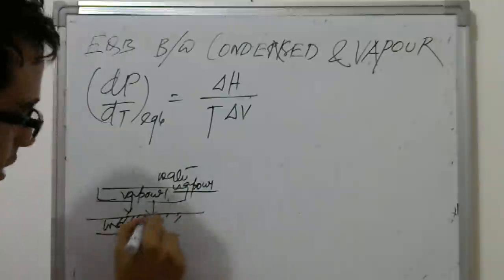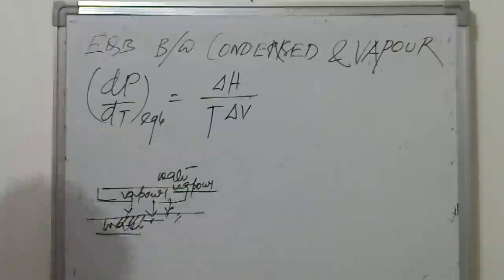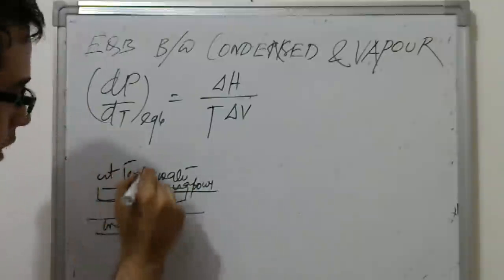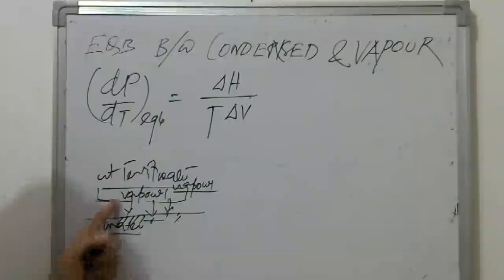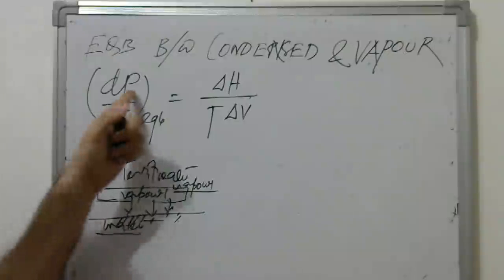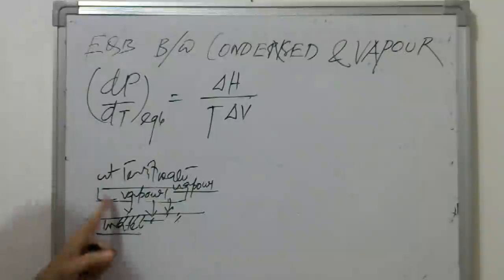The vapor exerts a pressure on the water at a particular temperature, and let's say there is no spontaneous condensation from vapor to water. So in this case, the pressure is actually the saturated vapor pressure. It doesn't change, it remains constant.